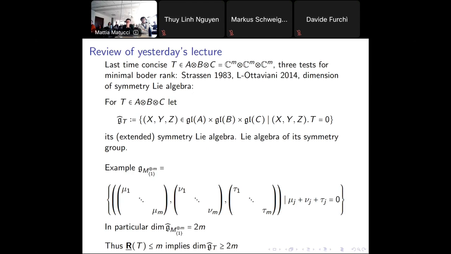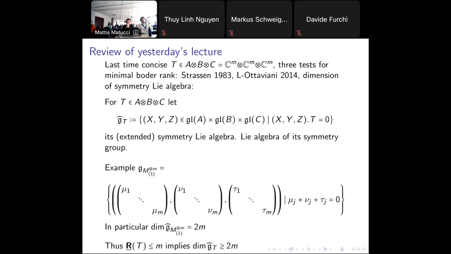Question? So this is a polynomial condition based on the rank of some 3m squared by something by m cubed matrix.